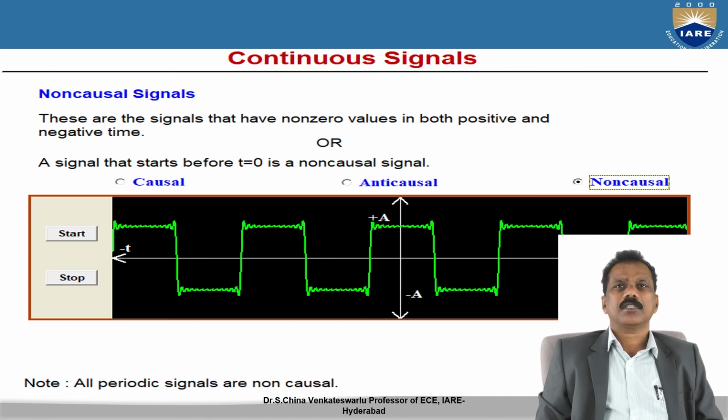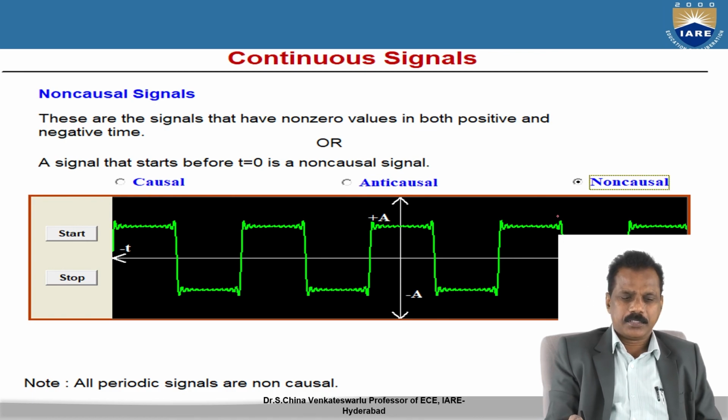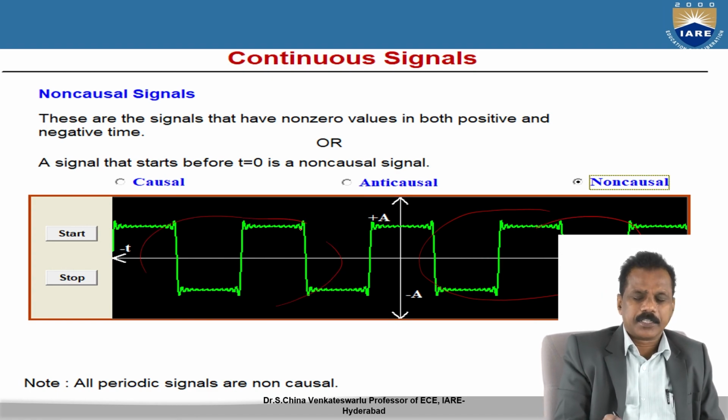Non-causal is a signal that starts before t equal to 0. These are signals that have non-zero values in both positive and negative time. Here is a non-zero values, both positive as well as negative.